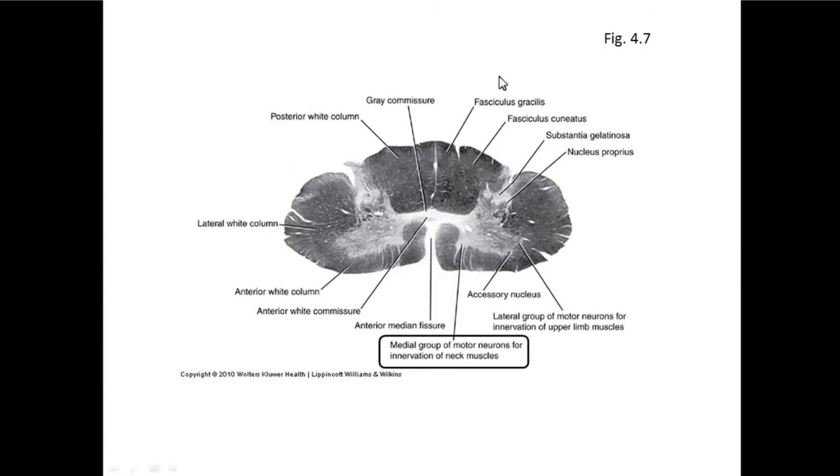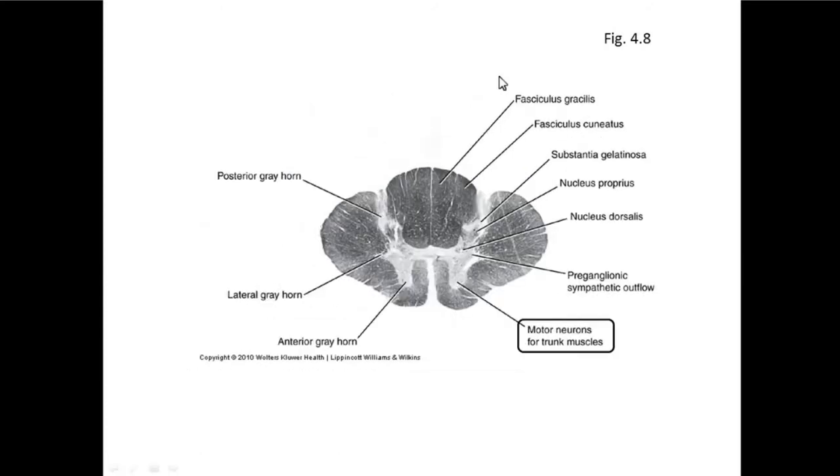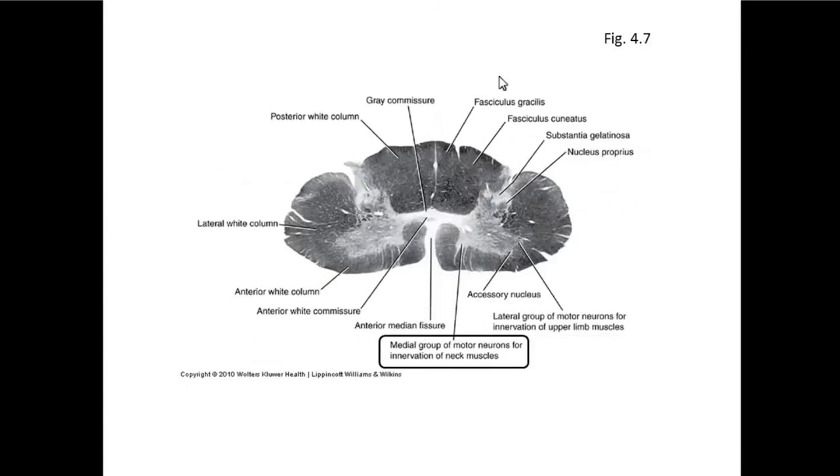Now, in these ensuing slides, what I want you to be able to do is make the distinction between what is cervical segment, and you also have your motor neurons for the innervation of neck muscles. You also have motor neurons for the innervation of upper limb muscles in the cervical segment.